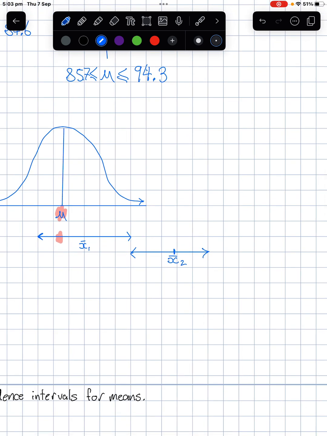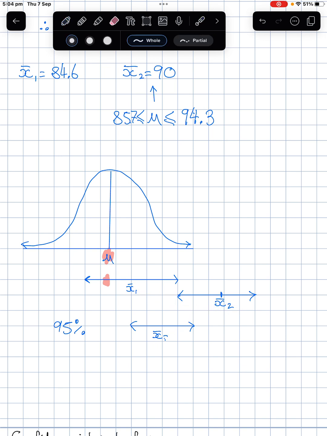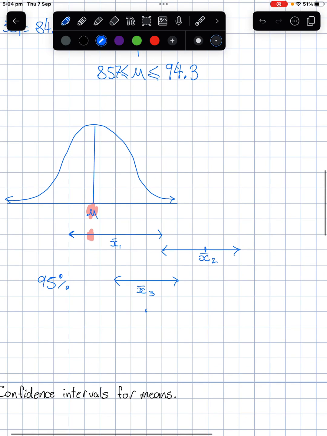Okay, and what this 95% confidence interval means is that we would keep getting intervals. So this one here is x bar 7 or whatever. We just keep going down, actually no, I'll use 3 so it's clear it's a sequence. Okay, this continues on down to x bar 100.